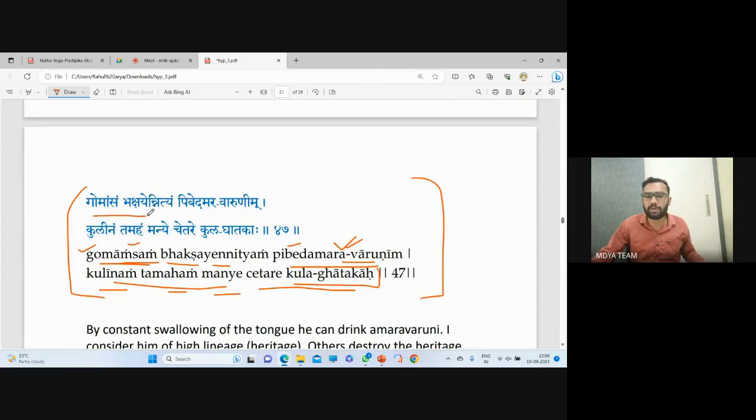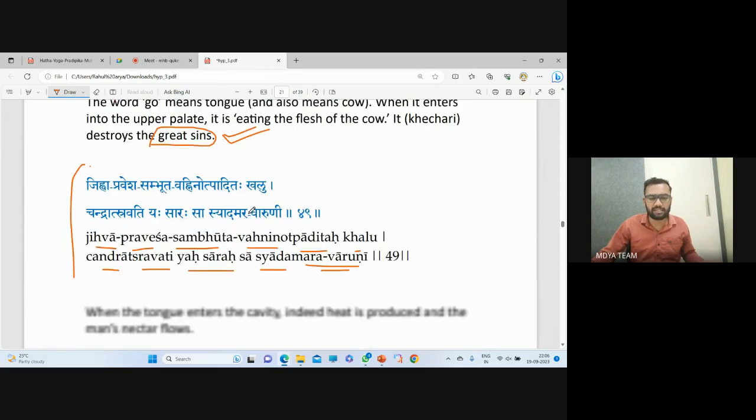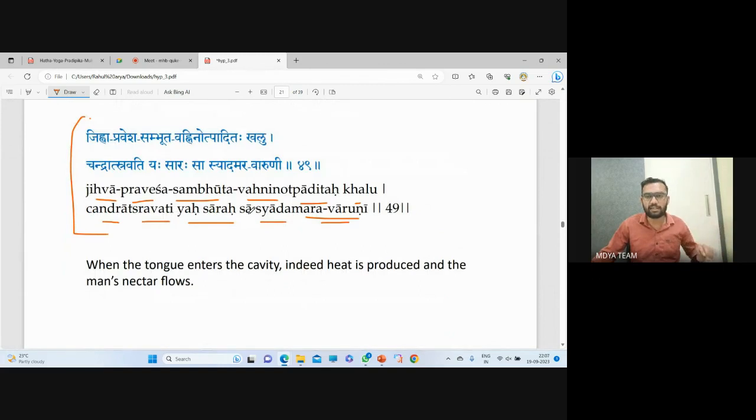First is Gomas Bhakshan and second is the taking of Amravaruni. These two are important. So Gomas Bhakshan is the practice of Khechari Mudra, and Amravaruni is in that position where our tongue is at the backside.